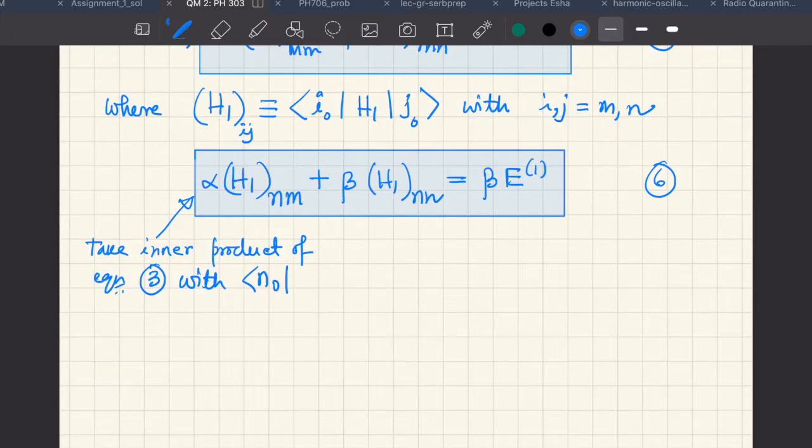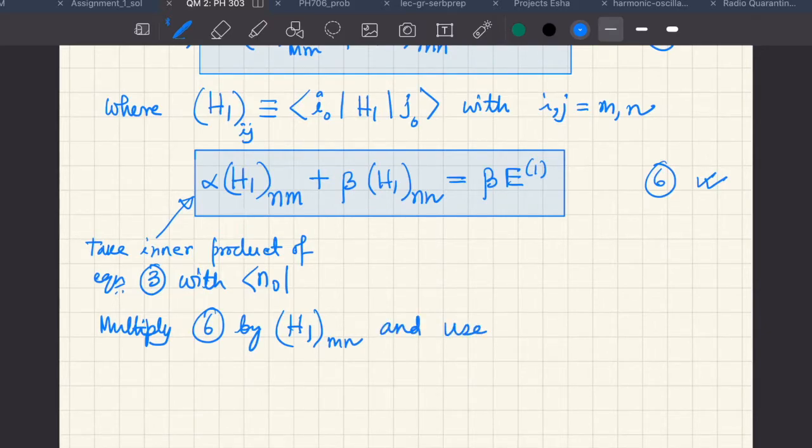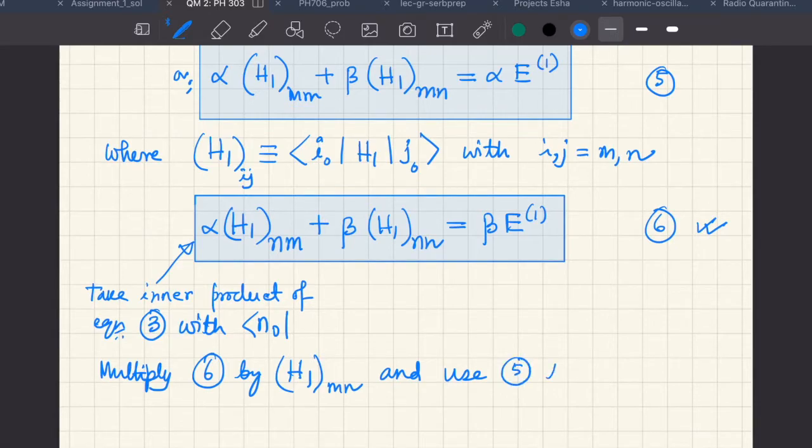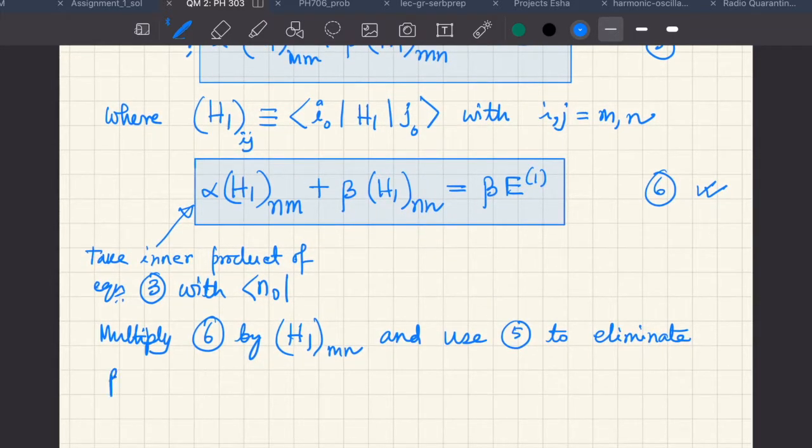So now we multiply equation number 6 by H1 mn, and then we have to use equation number 5 to eliminate the term beta H1 mn.